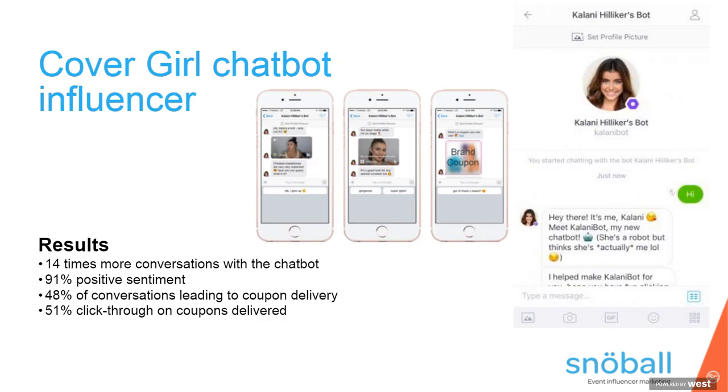And it gets more sci-fi than that. I don't know if you've seen, there are some influencers who are robots or chatbots. In this case, CoverGirl created a chatbot modeled over the model Kalani Hilliker, and they mimicked a little bit her personality, the way she talks, the way she answers, and she's the one that talks to people who are followers in the chat.